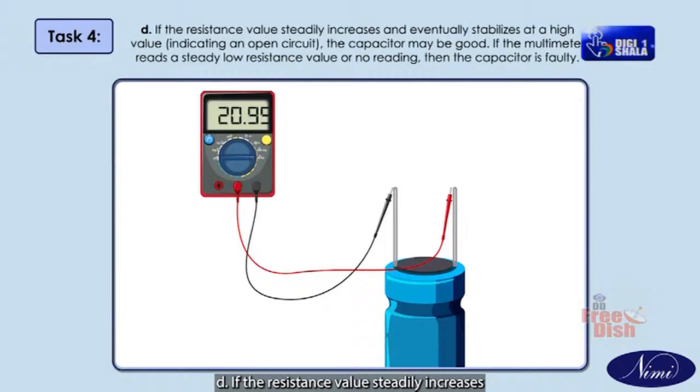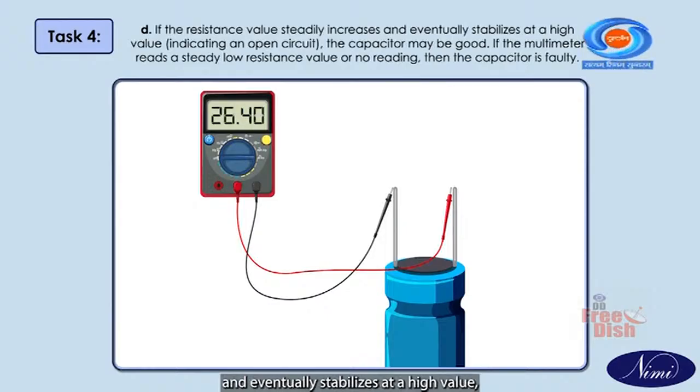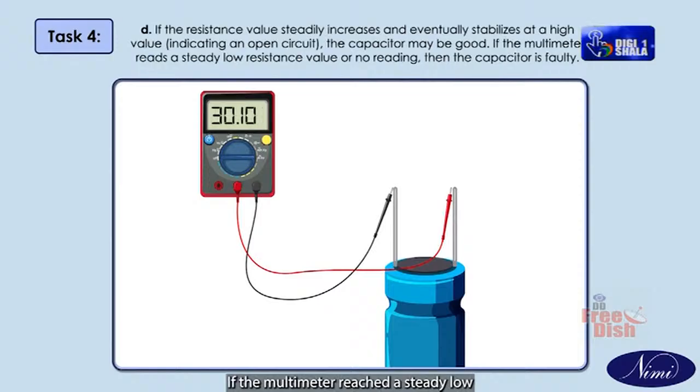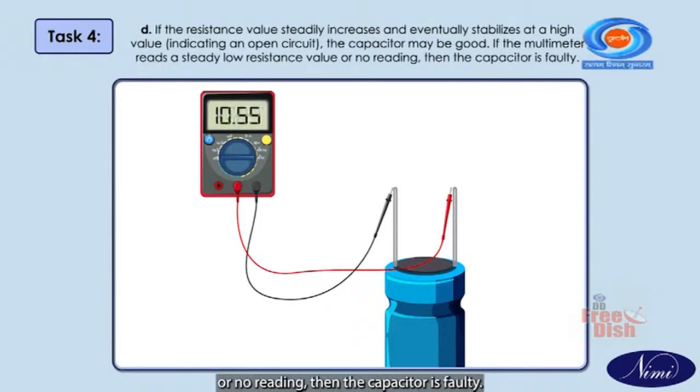If the resistance value steadily increases and eventually stabilizes at a high value, indicating an open circuit, the capacitor may be good. If the multimeter reads a steady low resistance value or no reading, then the capacitor is faulty.